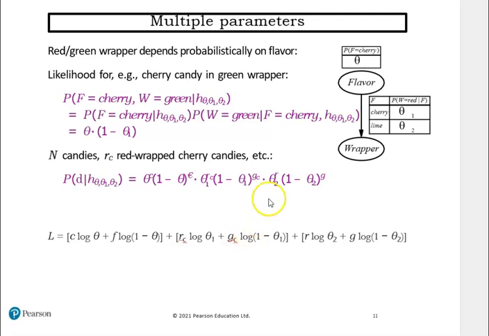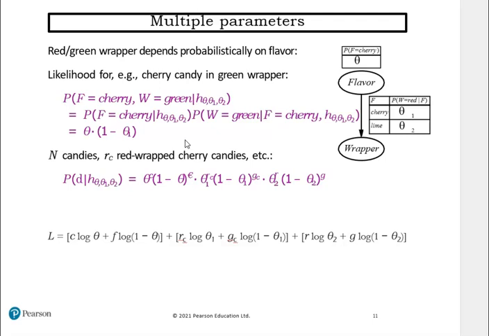So in that case, the probability that the flavor is cherry and the wrapper is green, given a given value for theta 1, theta 2, will be this equation right there. It will be theta times 1 minus theta 1. So this is the likelihood of a cherry candy in a green wrapper.